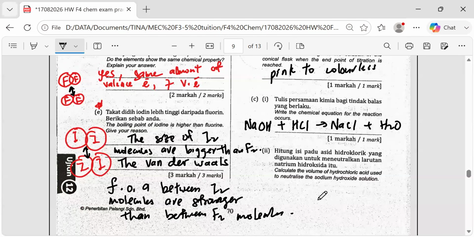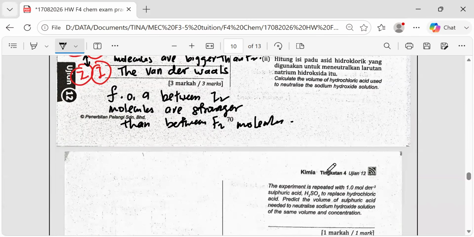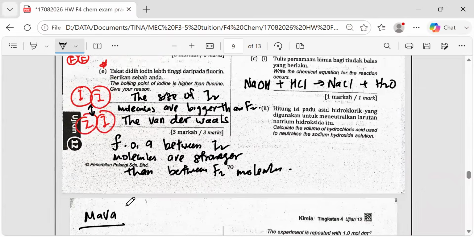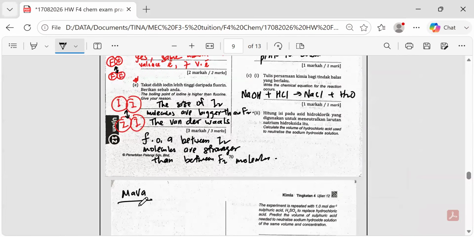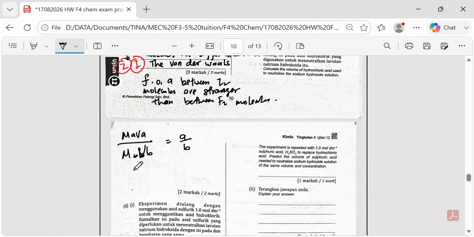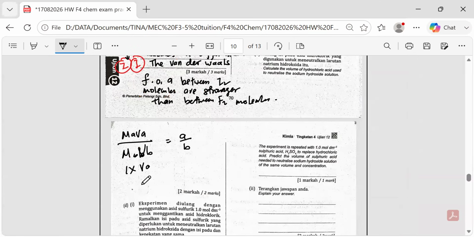All right, so this one is using the MAVA over MBVB equals A over B. So it is 1 and then 50, 0.5. Okay, 1, 50, 0.5, correct? 1 over 1.